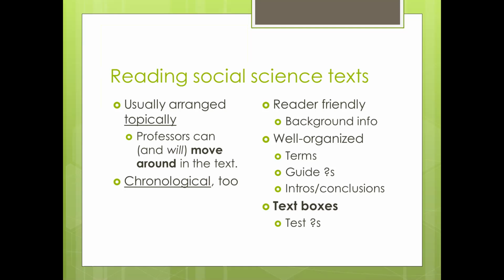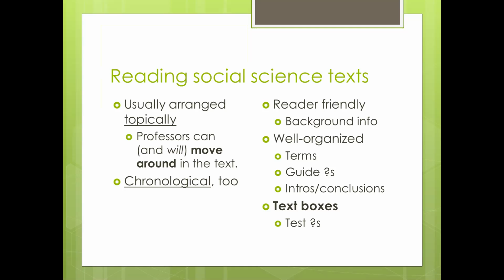They usually include some key passages like well-organized terms. They usually have guide questions. And most social science texts include summaries or conclusions along with good introductions, which sort of create a framework for you to think about as you move critically from one point to another.